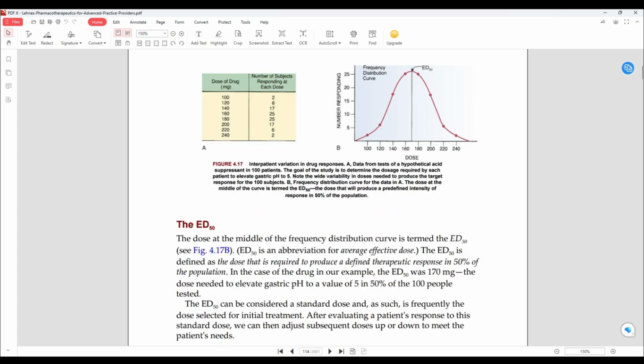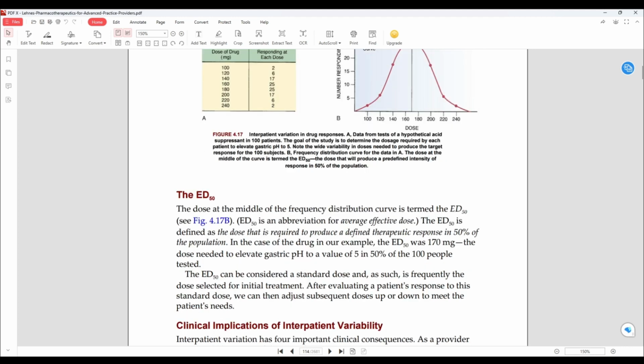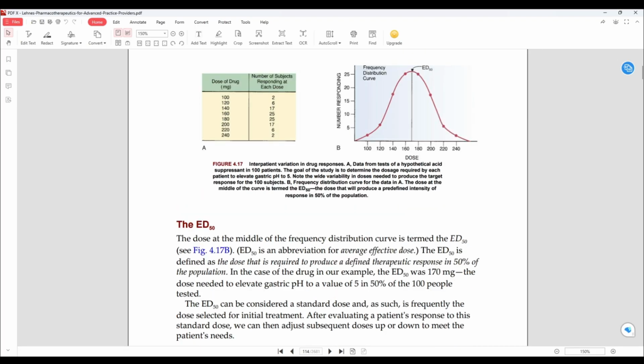So the dose at the middle of the frequency distribution curve is termed the ED50. The ED50 is defined as the dose that is required to produce a defined therapeutic response in 50% of the population. In the case of the drug in our example, the ED50 was 170 milligrams.